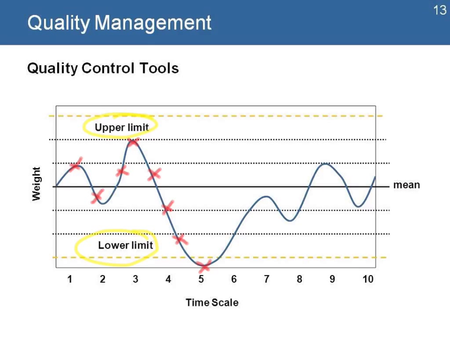And when it hits one of those limits, that's a warning sign that the project manager uses to look at the activity or the process used to create it and make corrective actions, and then uses the same chart to monitor that the activity is now starting to produce results within those limits. The idea again is that these tools are used depending on the nature of the work and the nature of the different activities.